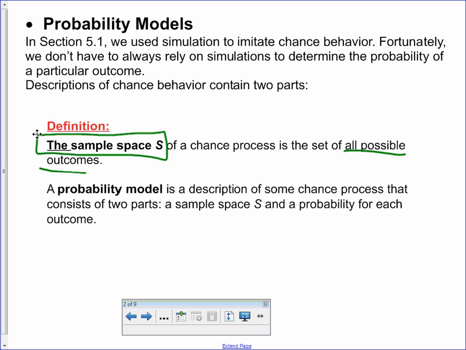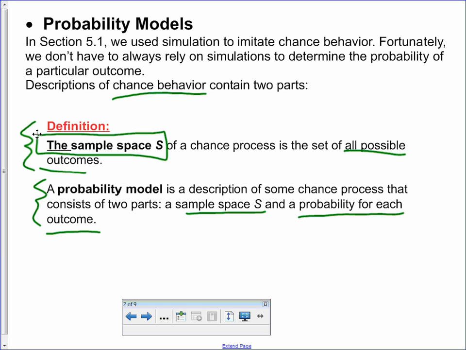So that's our first definition. And then our probability model is the description of some chance process that consists of two parts: the sample space and the probability for each outcome.